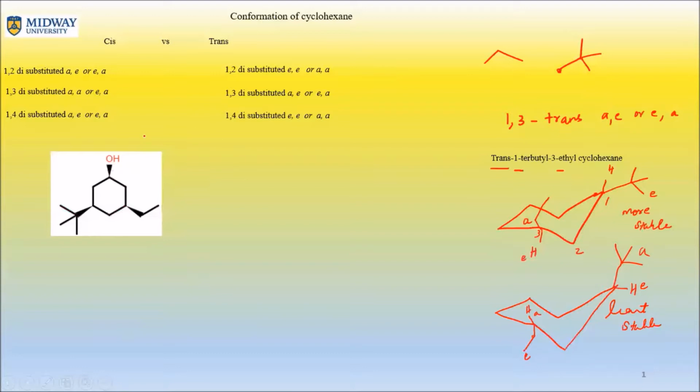All right, now let's come back to this structure here. Again, I'm asking you to put them in the right places. Like I said, when you have 3 substituents, here we have a tertiary butyl, here we have an ethyl, and we have a hydroxy, right? So you don't really have to go by the rule because this is really only for one.